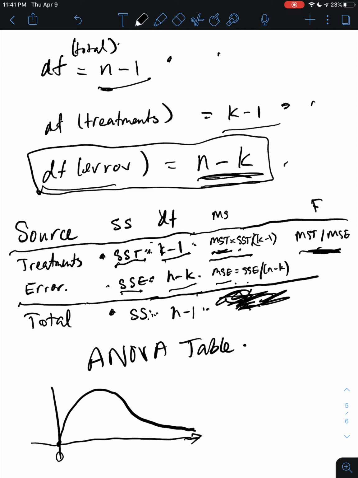Otherwise, the general idea of how we use this F is very similar. One other thing about F is there is a family of distributions, very much like the t family of distributions. If you recall, there are different t's corresponding to different degrees of freedom. F is just a little more complicated in that there are different F's corresponding to two degrees of freedom.